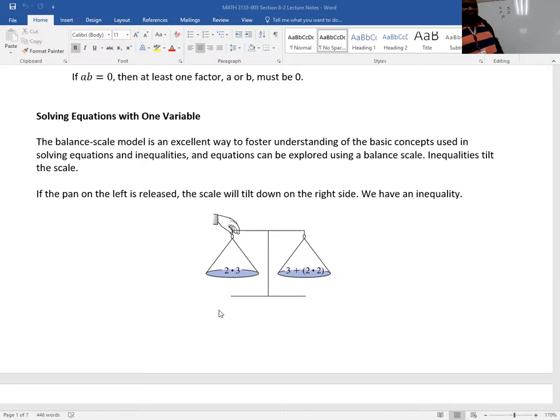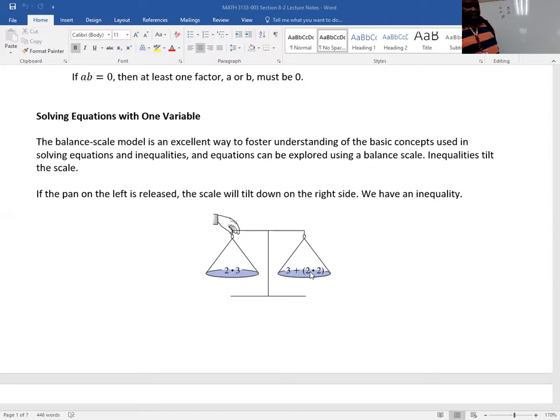So like in this case right here, let's say we had this scale. On the left side is 2 times 3, and on the right side will be 3 plus the quantity 2 times 2. In this case we would have an inequality because if you multiply 2 times 3, you'll get 6.